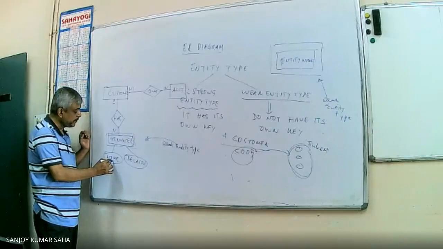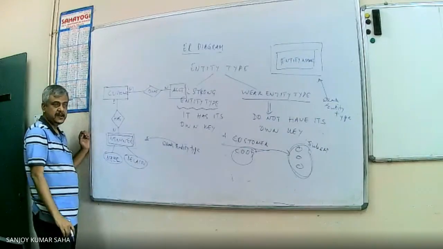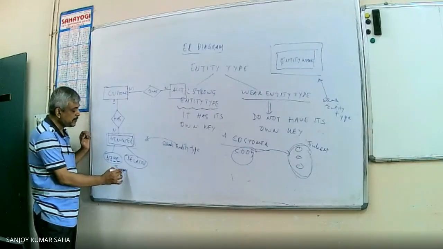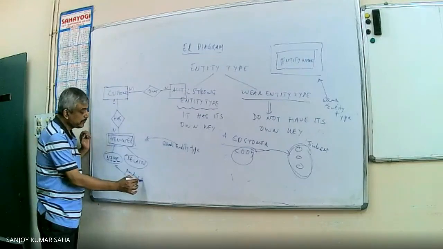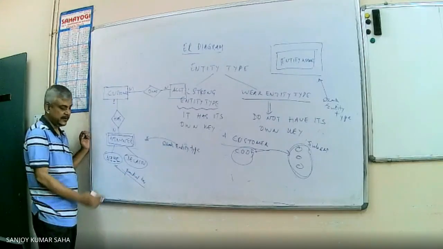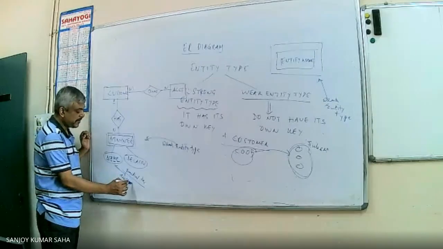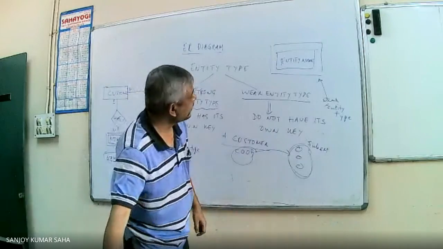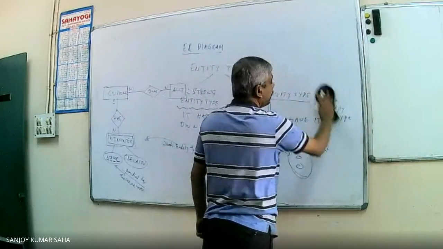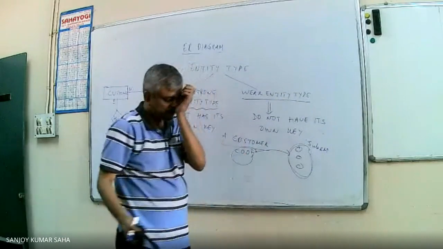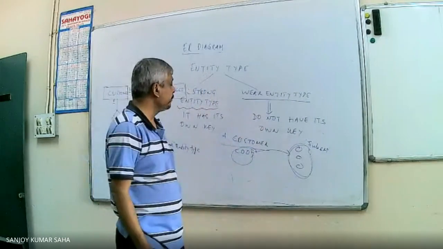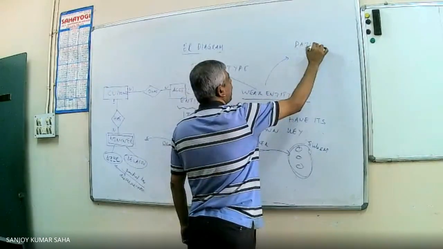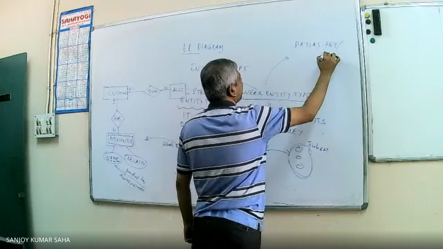It is denoted by a broken line. So this is nothing but the partial key, or we may say discriminator. So basically, a weak entity type does not have any primary key, but it has a partial key or discriminator.